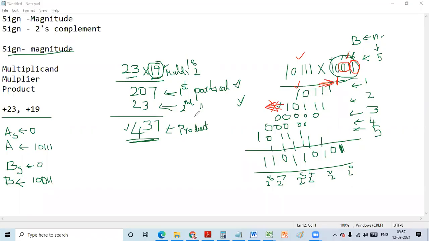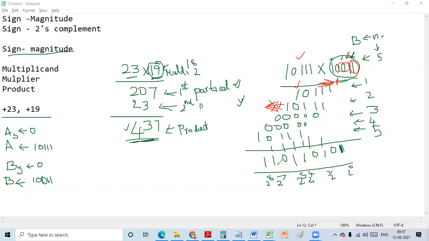So going this way, at the end, after inspecting all the n bits of B, I will get the required output in the accumulator, which should hold up to 2n bit width. Is this clear?